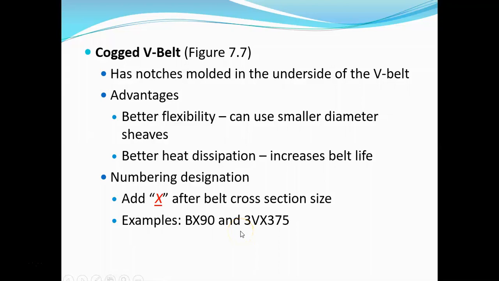And then in the narrow grooved, the sizing on our previous slide was a 3V375. So if it's the same belt, but it has the cogged configuration, you're going to have an X there. So it'll be 3VX375. So remember, if you've got an X in the designation, it's going to be a cogged V-belt.